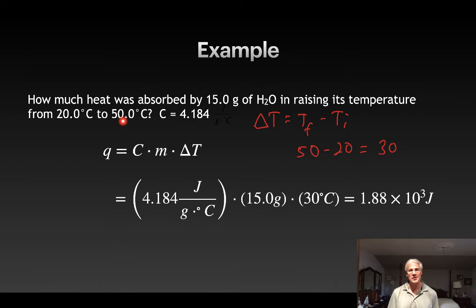So we know that heat went into that water. If it got colder, we would have seen a negative heat. Like if we went from 50 to 20, we would have calculated the exact same amount of heat, but the value would have been negative because the change in temperature would have been negative. That would have indicated that energy went out of the system and it got colder.